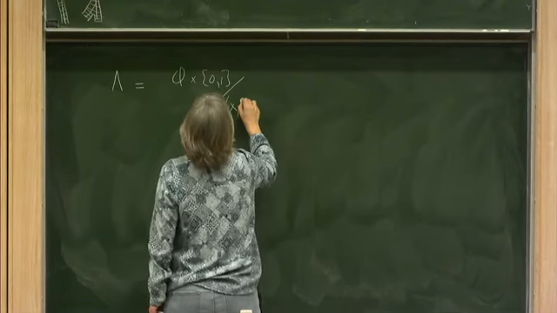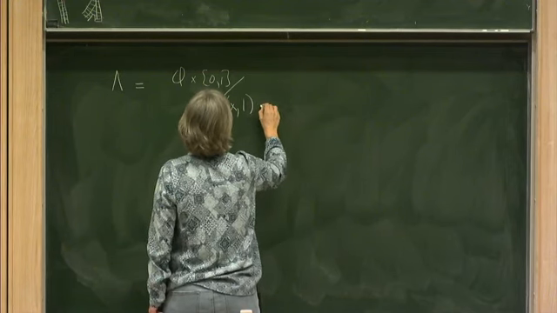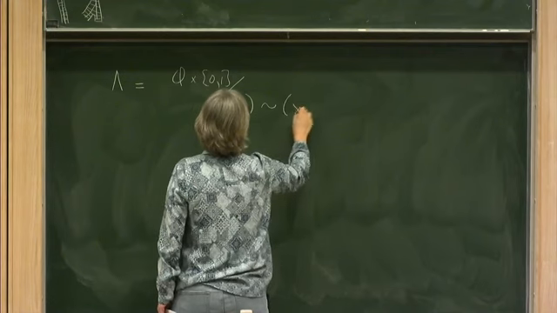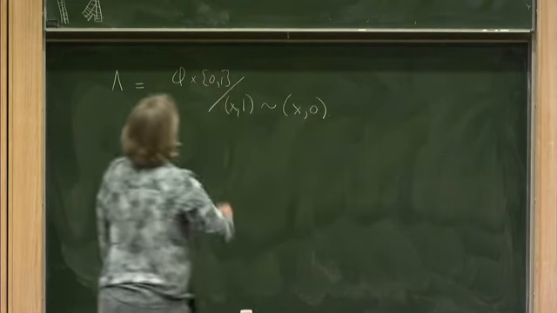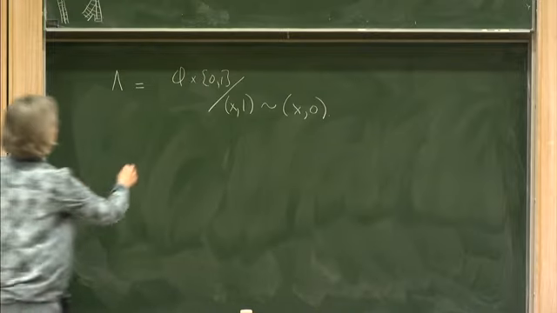So x1 is going to be glued to x0. I'm thinking about my F2 cross I, with the top glued to the bottom by the identity. So I've got this lamination in a slice. I don't know why I did it this way, because of something I'm doing later. I should have just written this.